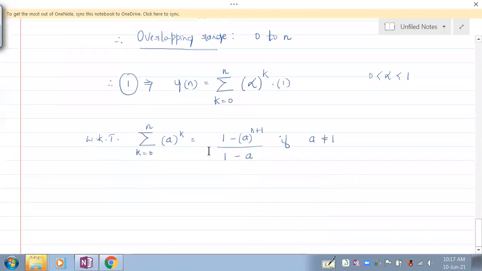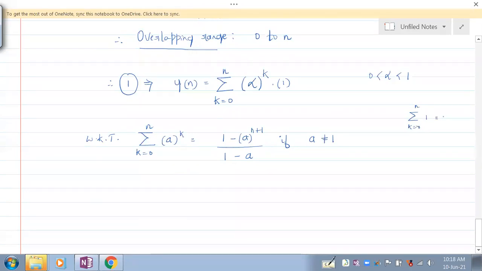If a is equal to 1, how much is this? If a is 1, the summation looks like this: k ranging from 0 to n of 1.